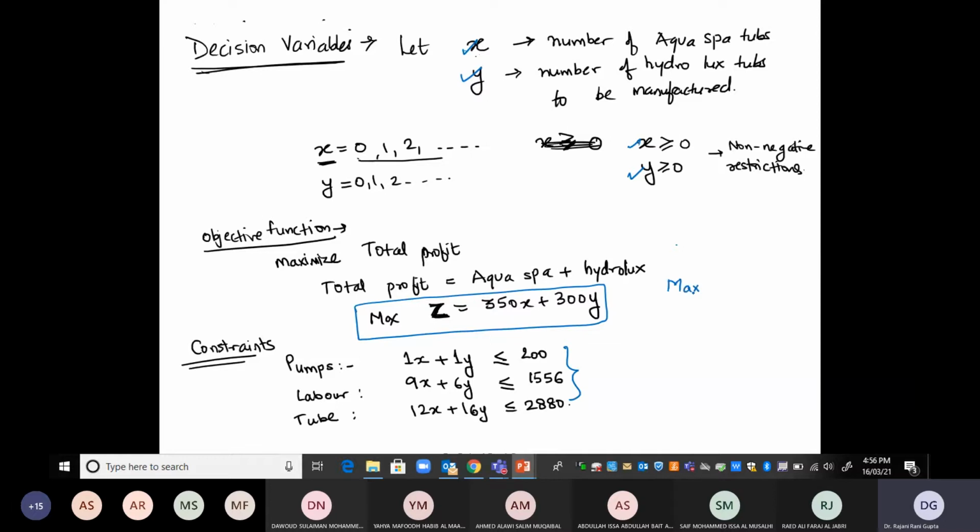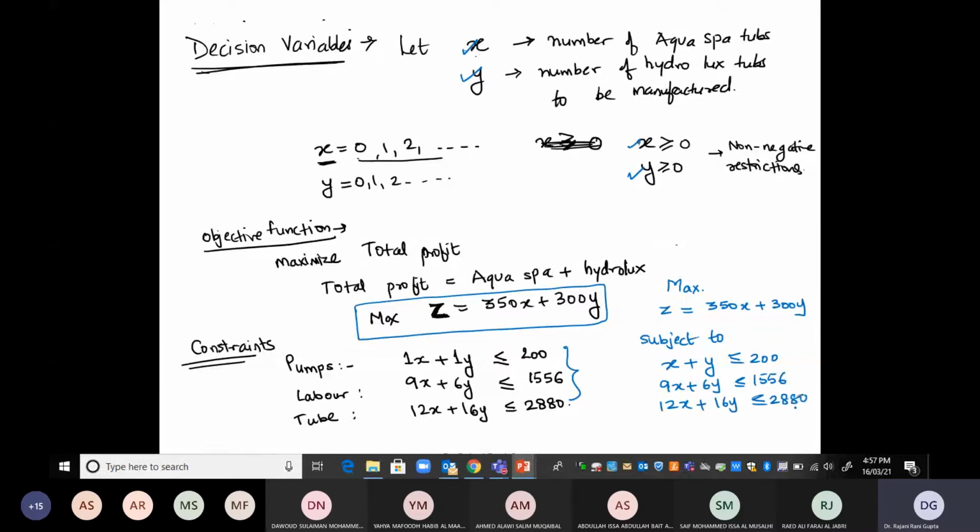We can write MAX for maximization: the objective function Z, which is 350X plus 300Y, subject to the constraints, which are X plus Y less than or equal to 200, 9X plus 6Y less than or equal to 1566, and 12X plus 16Y less than or equal to 2880, with the conditions that, what are the conditions?